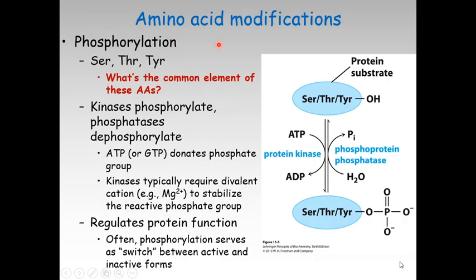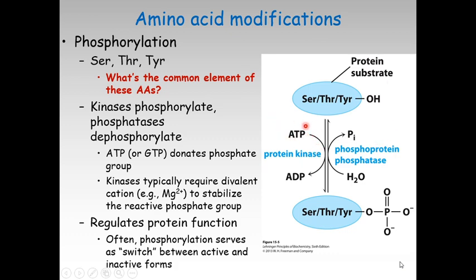The third key amino acid modification is phosphorylation. Phosphorylation is a process wherein an enzyme adds a phosphate group to either a serine, threonine, or a tyrosine amino acid residue on the protein, right? And these enzymes are called kinases, and protein kinase to be specific when the substrate is a protein.